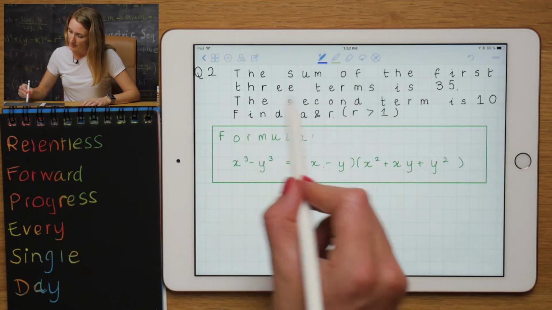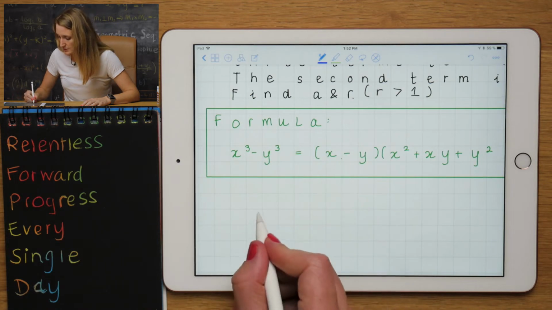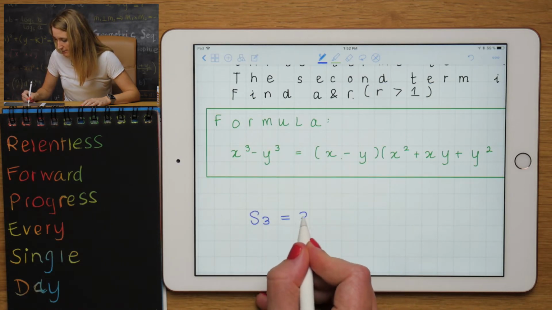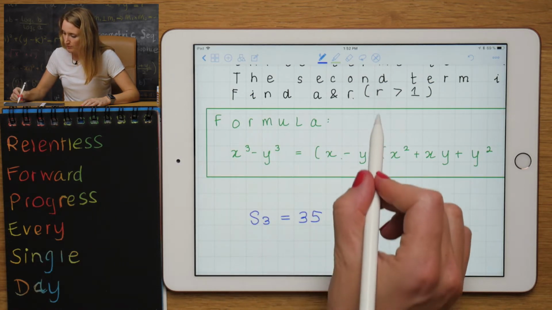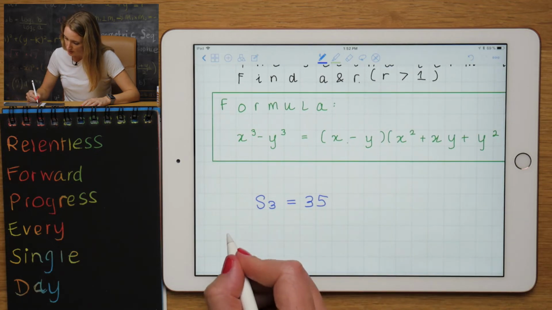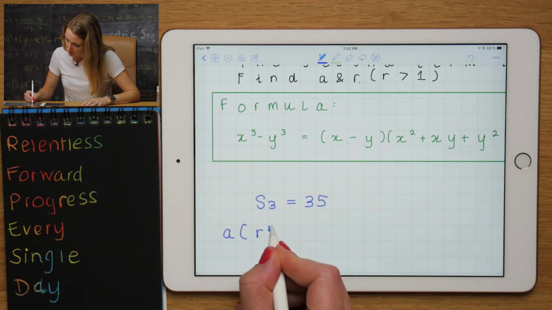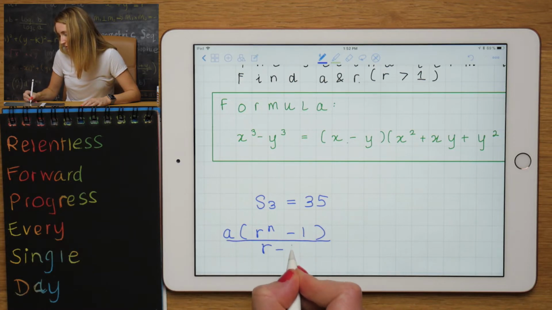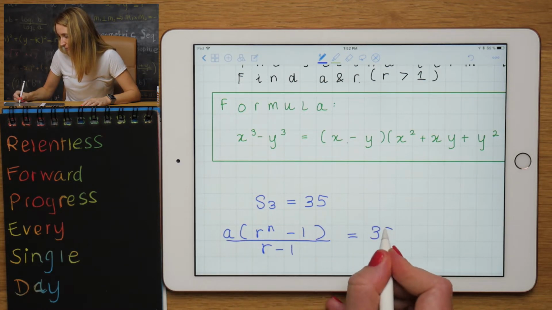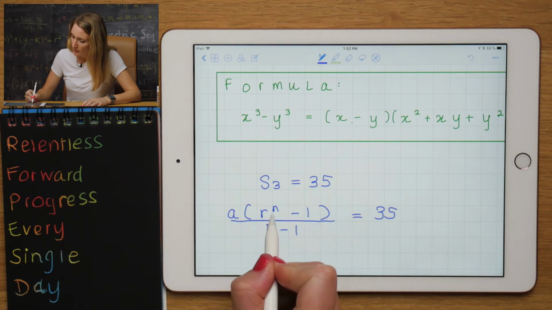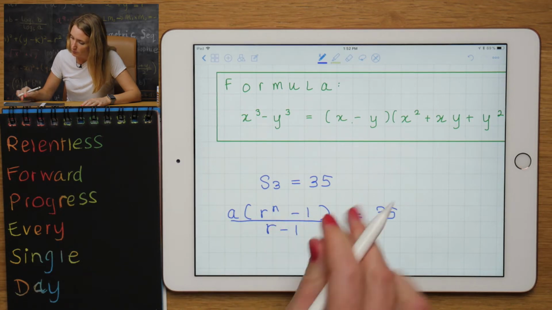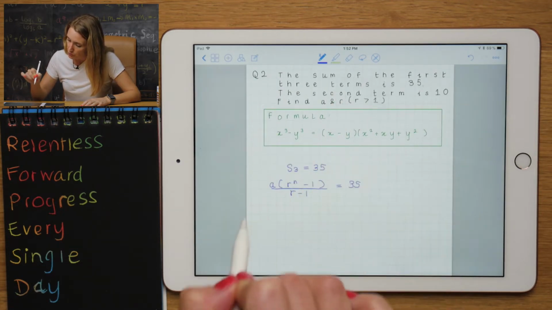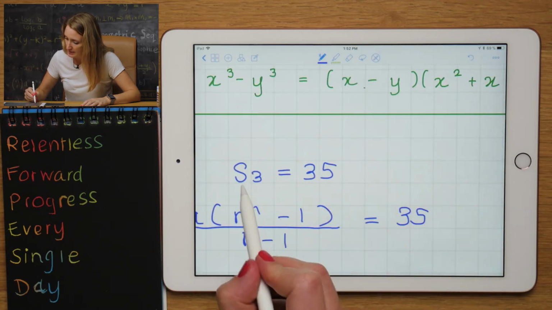Now the sum of the first 3 terms is 35. So S3 is 35. Now we've been told R is greater than 1, so we're going to use the corresponding formula for Sn where R is greater than 1. Because we've been told the sum of the first 3 terms, we know that n is 3.